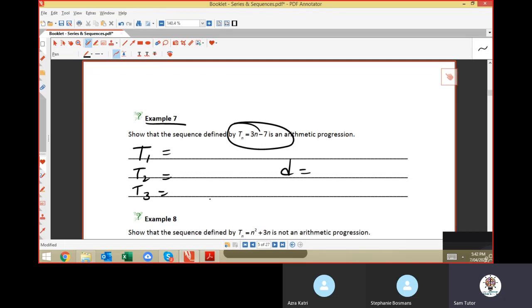Do we have an answer yet? Yep, I have D equals 3.